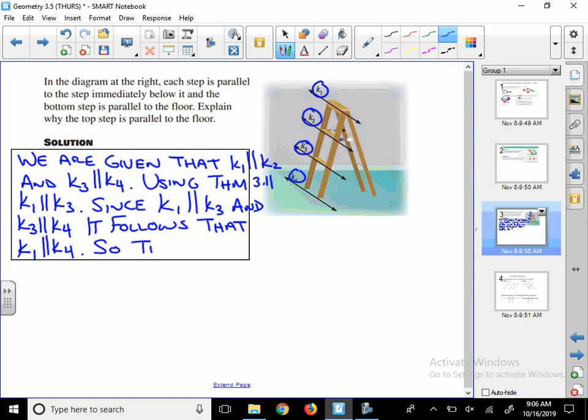So the top step is parallel to the floor.